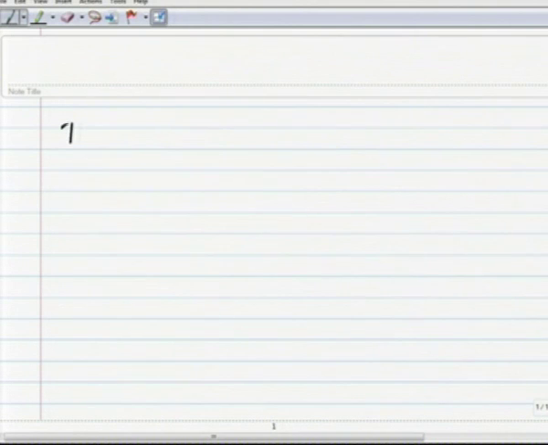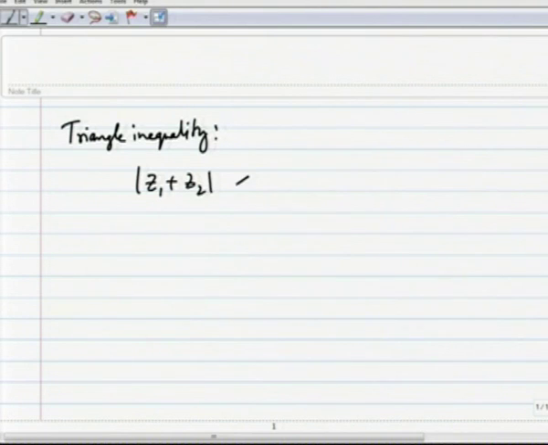Okay. So, last time recall we proved the triangle inequality for the modulus of complex number. So, it said that the modulus of z 1 plus z 2 is less than or equal to modulus of z 1 plus the modulus of z 2.